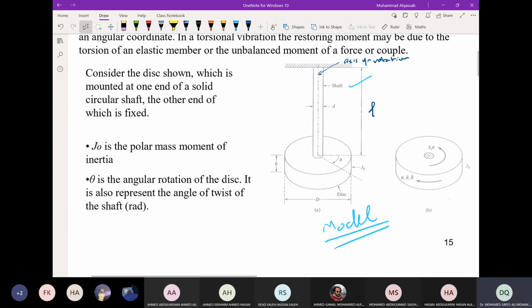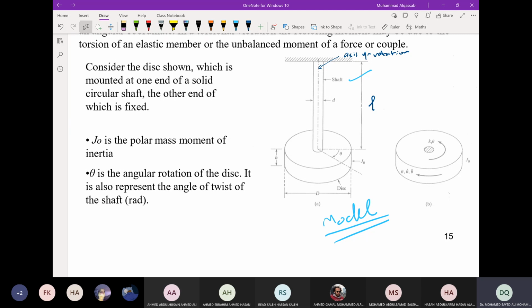So Jo is the polar mass moment of inertia in kilogram meter square, and theta is the angular rotation or displacement of the disk. It also represents the angle of twist of the shaft, and this is in radians.